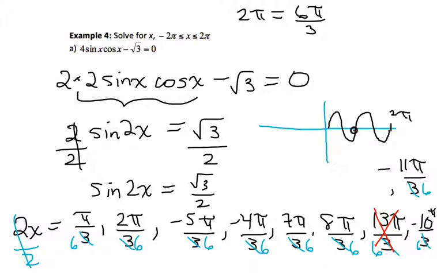So I've got 1 period at pi, 2 periods at 2 pi. Continuing on, and that is negative 2 pi. And notice if I've got root 3 over 2, which is what I was looking for, root 3 over 2 is around here, and that's why I have 8 answers.